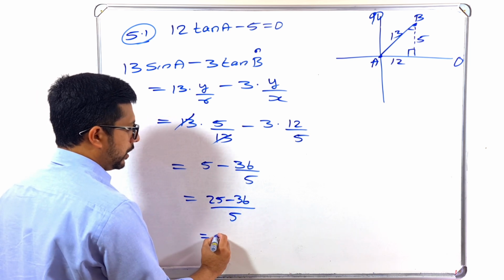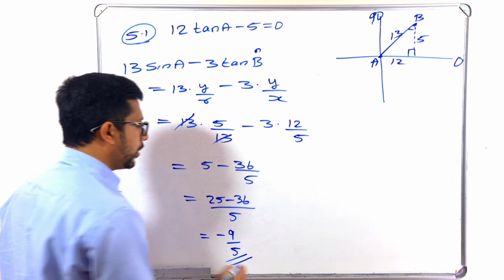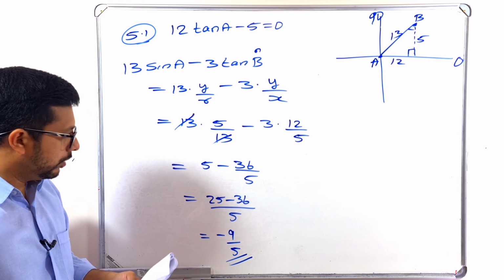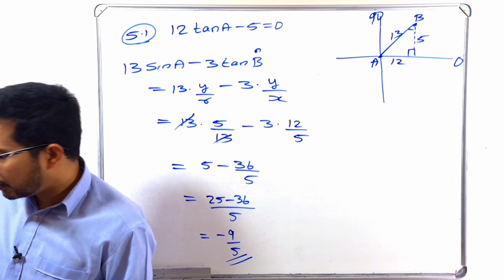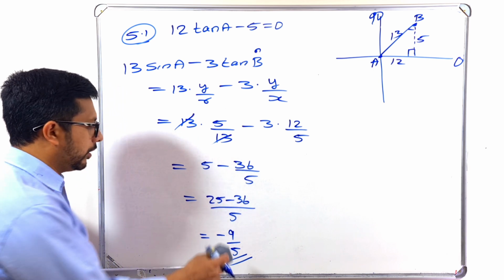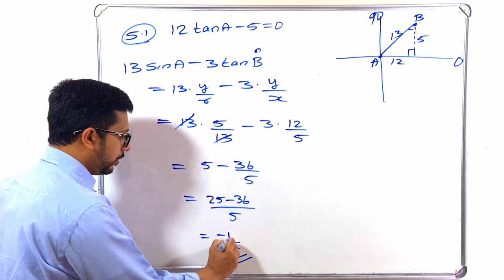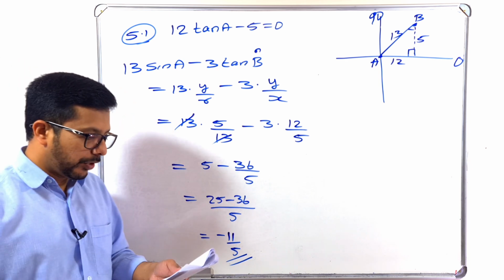So it is minus what? What is 25 minus 36? It is 11, not 9. So minus 11 over 5. So that is question number 5.1.